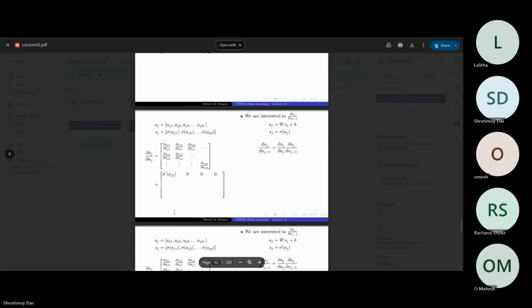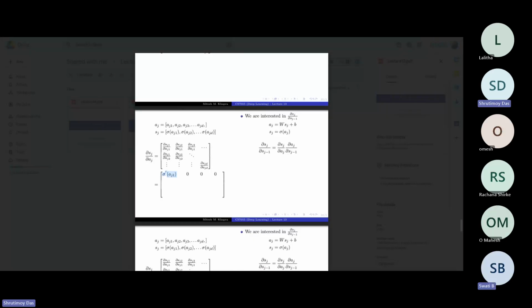So, del Sj is basically a nonlinearity, and this differentiation is basically differentiation of the sigmoid or some nonlinearity that we have here. So then we have the sigma prime of Aj.